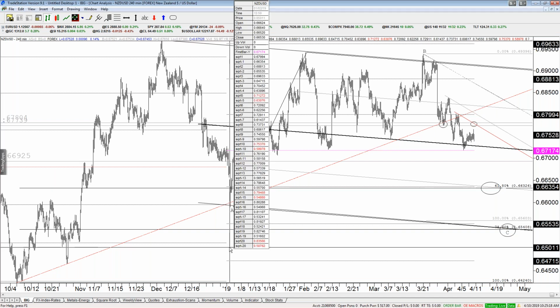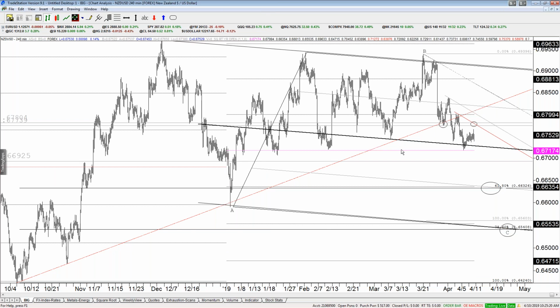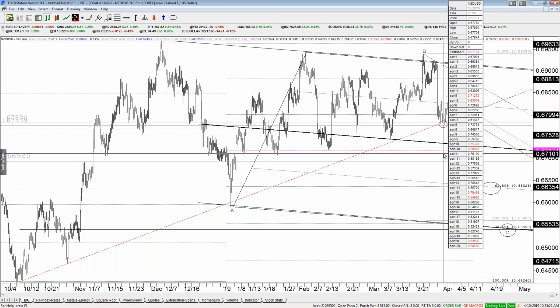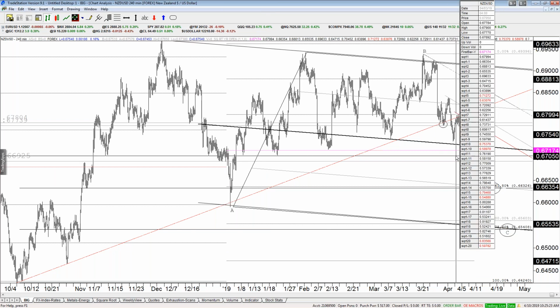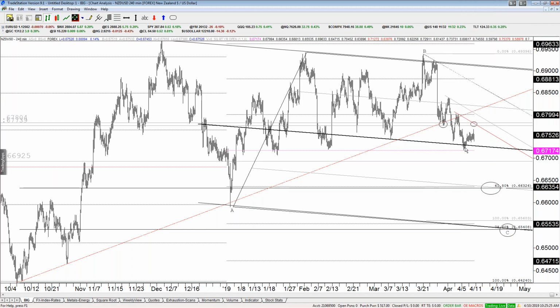It was support in January. It was support in March. It was resistance in April. And to me, you broke it. It's a downtrend. You retested it. It's a good confirmed downtrend.